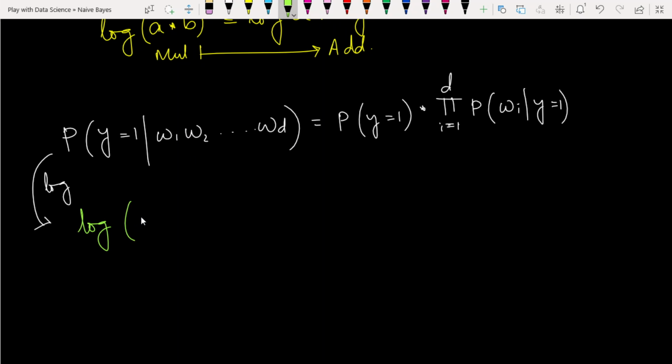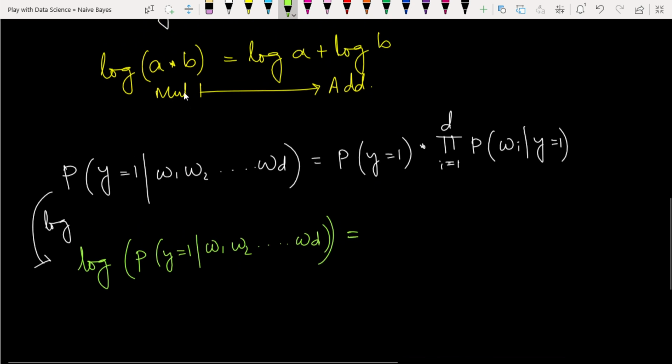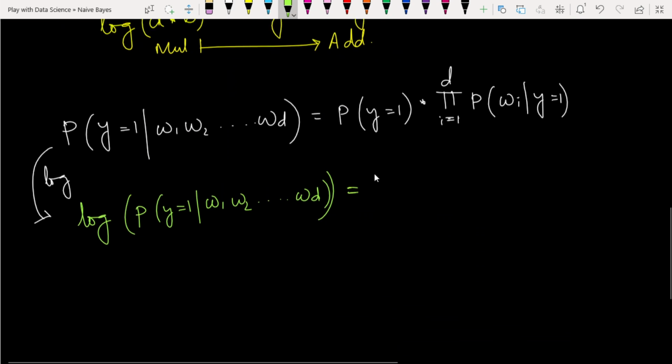So the log of this probability will be what? The log of this probability will be for class 1. Now we have seen that log converts multiplications to additions.